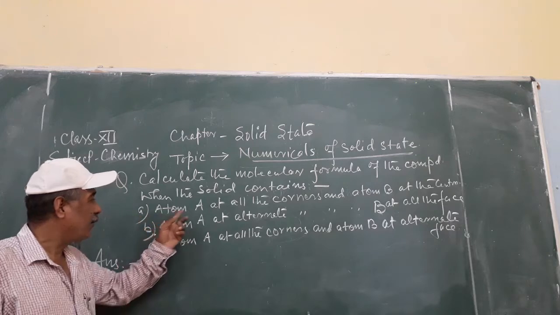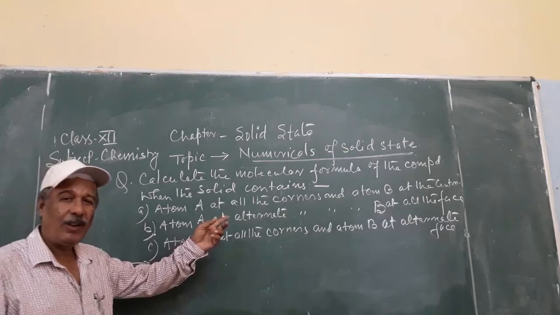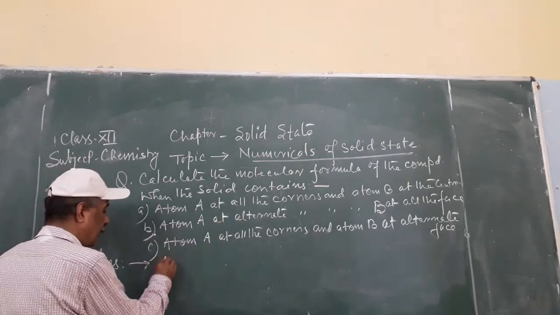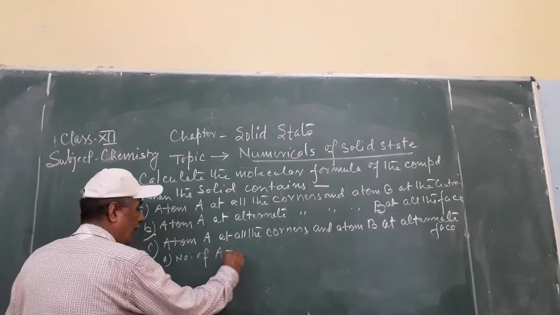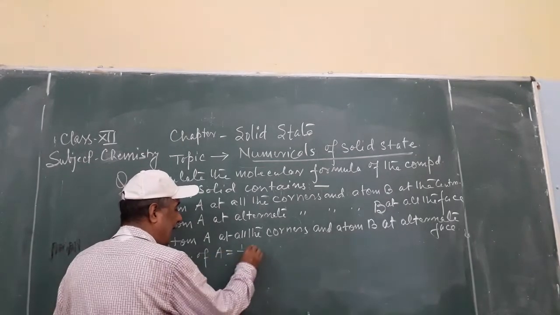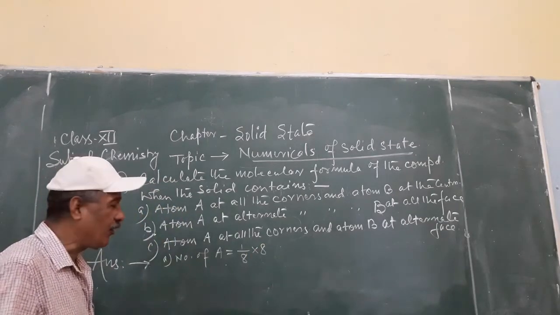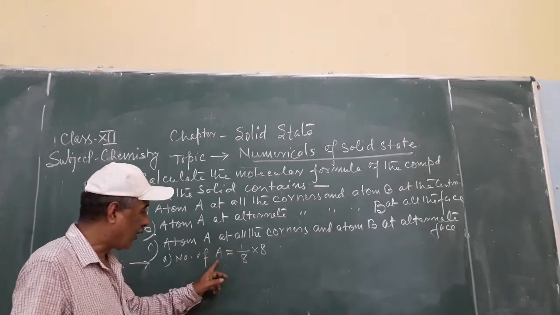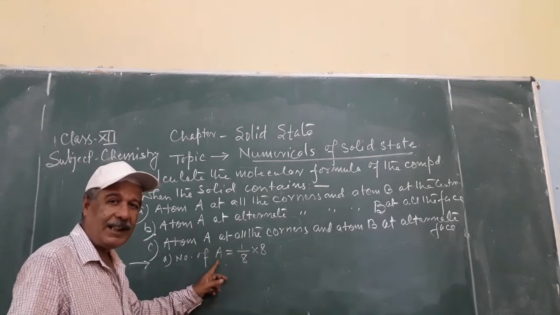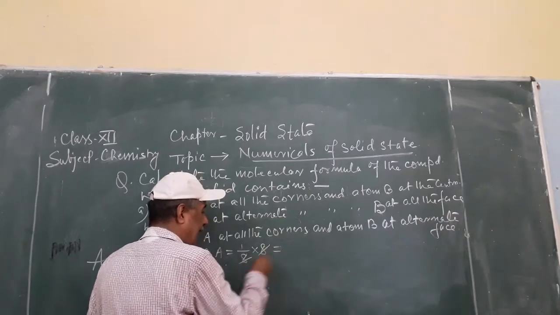Atom A at all the corners means the number of A will be 1 by 8 into 8, because a corner contains only 1/8 of the constituent, and it is 1.